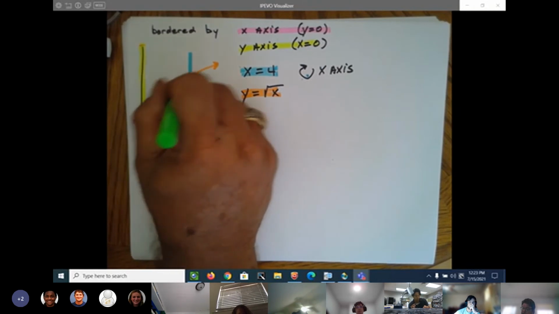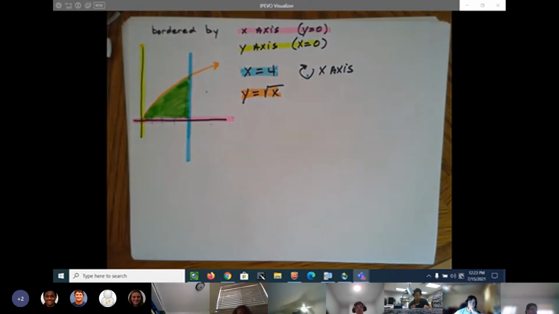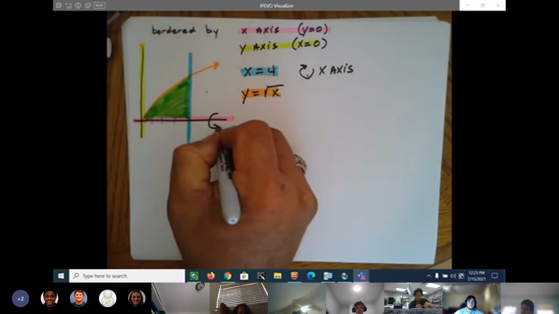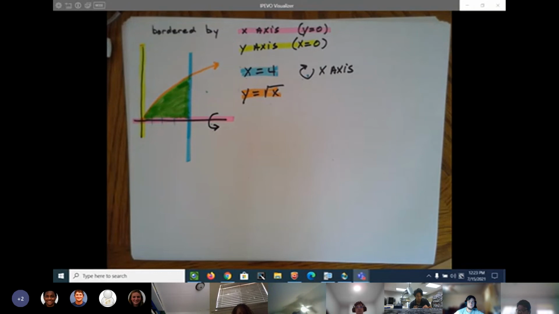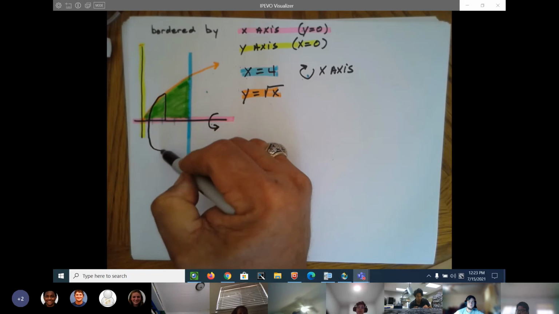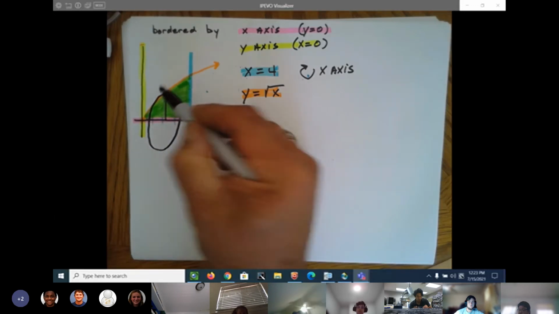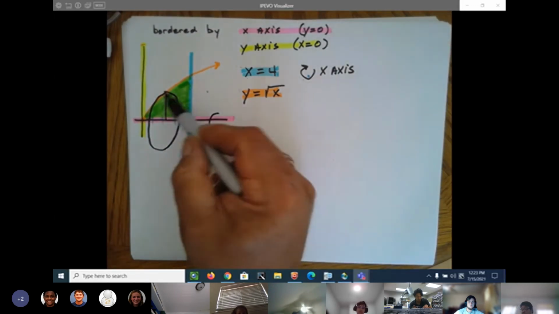So they want to find the volume of the green area because it's rotated around the x-axis. So that means we got a hairline and it is going around and it's basically causing a disk.